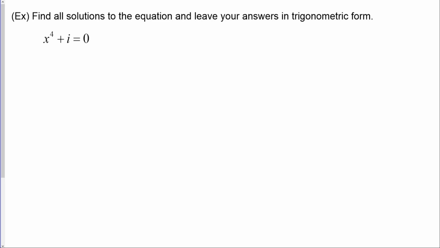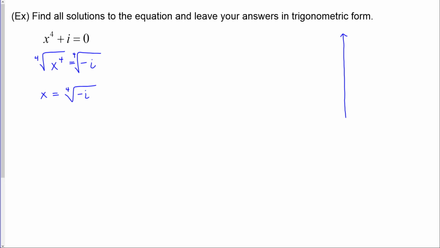So initially, we could change this into x to the fourth equals negative i. To solve this, then I would take the fourth root of both sides. So x equals the fourth root of negative i.